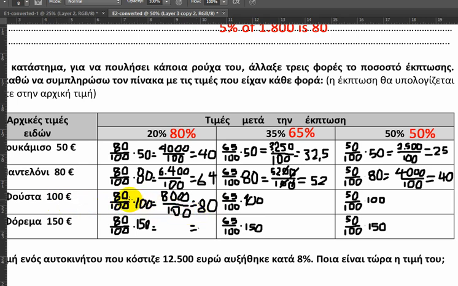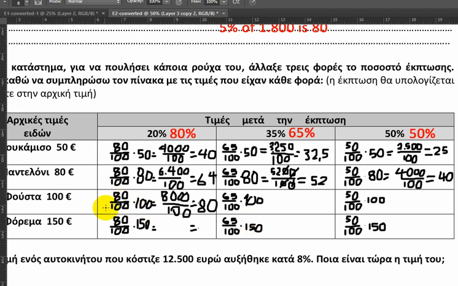Now, what I was going to say is that you could be a little more reasonable with this and just avoid this completely. Why? Because here you want to find 80% of 100. What's 80% of 100? Well, 80, since you're paying 80 out of 100. That's what 80% is. The price actually is 100, so you don't have to do this.